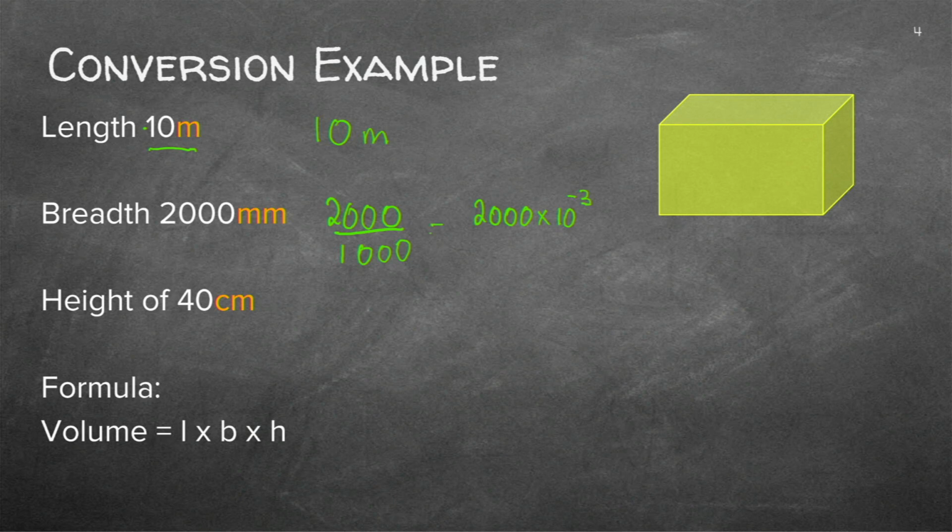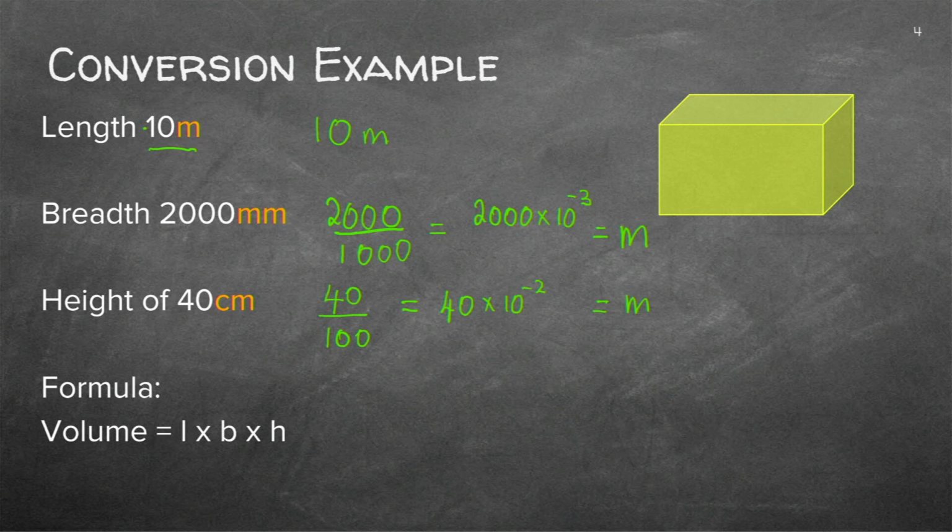In both cases, these are now in meters. And finally, they gave me the height, which is in centimeters. And again, I've got 40 centimeters, meaning I've got to divide by 100, or I could have said 40 times 10 to the minus 2. And again, I now have it in meters.